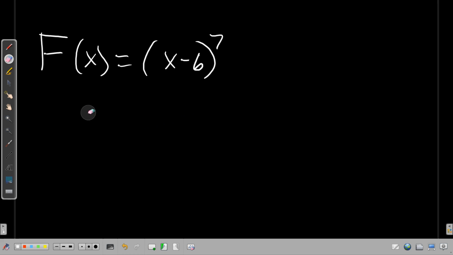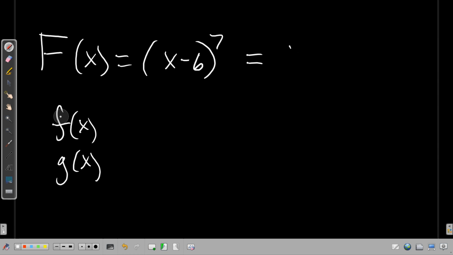Right? So I would like to identify the function f and the function g such that capital F of x is equal to f circle g.